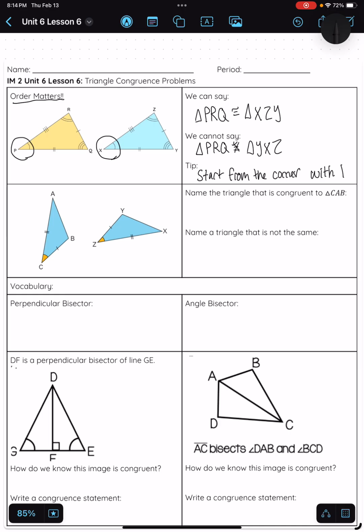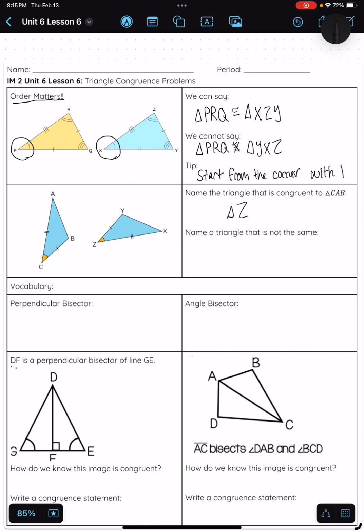Now for this part, I want you to name the triangle that is congruent to CAB. If we're starting with the corner with one, we're going to start with Z, and then which way are we going to go next?